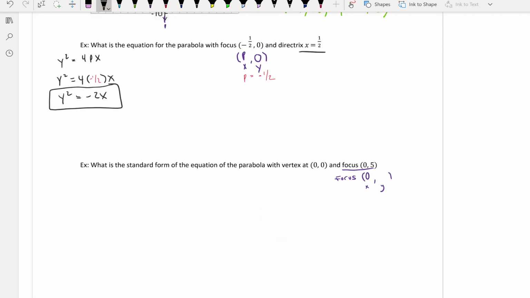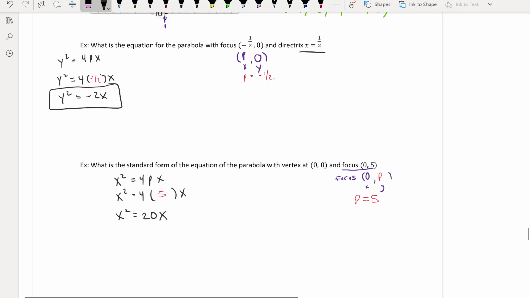So I know that my equation is x squared is equal to 4p times y. And so I'm going to have x squared is equal to 4, and I have my p value. We remember that for the foci, it's 0, p. So it tells me that my p-value is equal to 5. So x squared is equal to 4 times 5, which is 20, y.